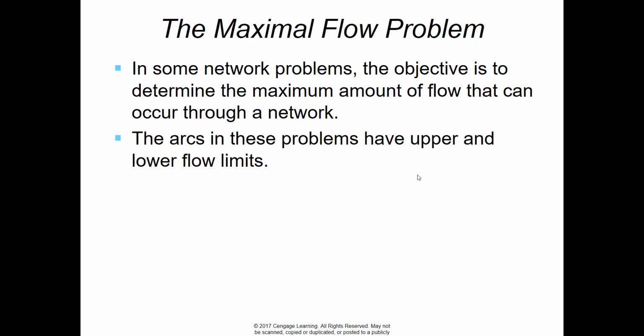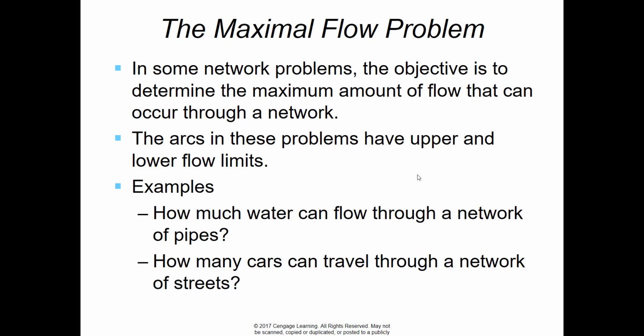This problem may at first not seem similar to other problems that we already discussed, but you are going to find out that it is very similar to what we have talked about so far. Examples of this type of problem are water that can go through a network of pipes, or the number of cars that travel in a network of streets.